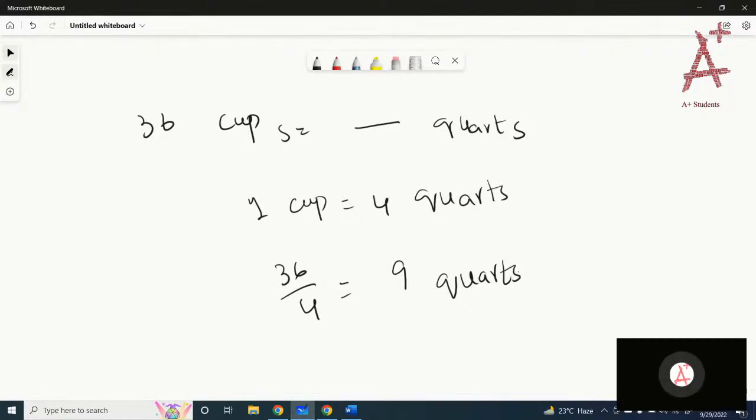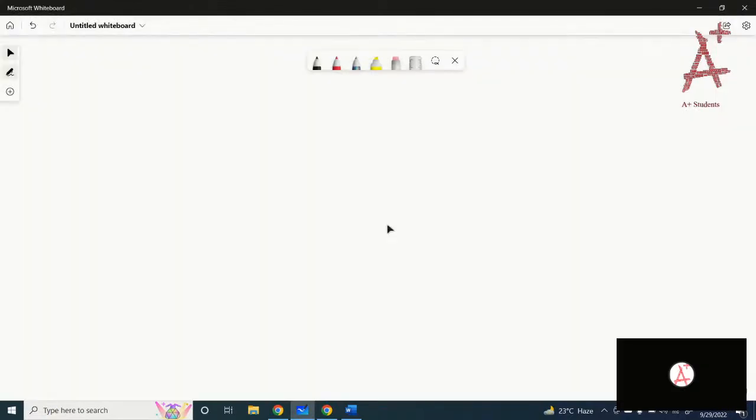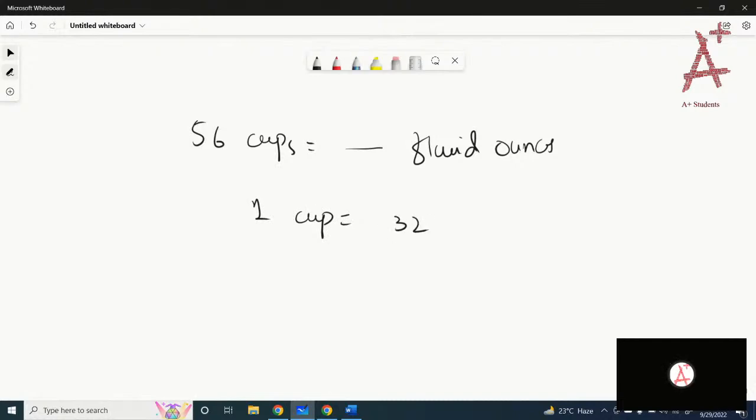Okay, the next question is 56 cups equals how many fluid ounces? We know that one quart equals 32 fluid ounces, and 1 cup equals 32 fluid ounces.